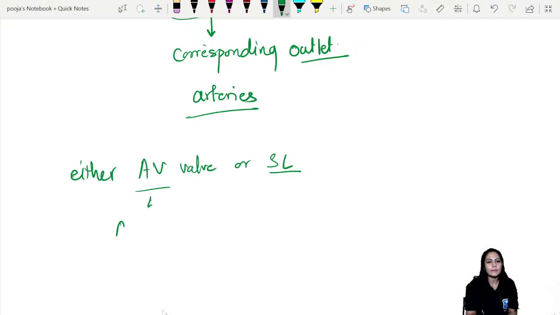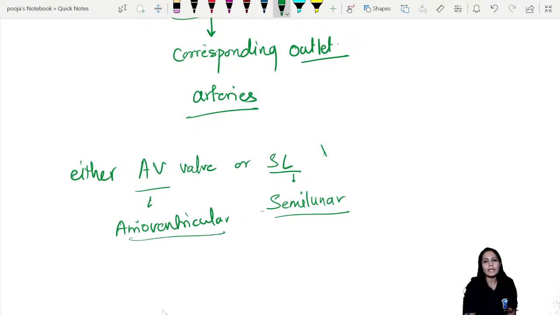That is nothing but the atrioventricular valve, and the SL valve is the semilunar valve. Okay, either the AV valve or the SL valve will open at a time.